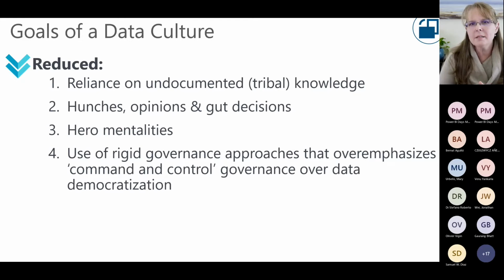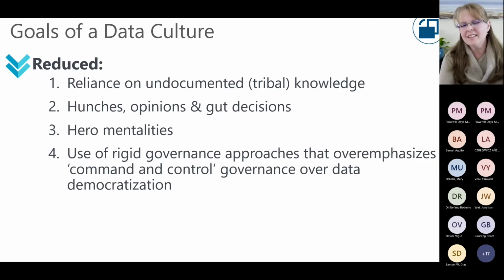Hero mentalities means that's the person that is a bottleneck. They are so important to be involved, but they are so busy that the work that they do is either substandard because they're so busy, or getting what they're doing to scale out and be more meaningful can't be done.